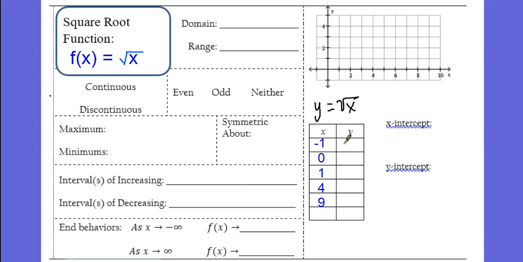Calculator's going to give you a message that's really important for you to be able to translate into English. What does it say? Domain error, which means it's a domain restriction. Not allowed to put negatives under a square root. So I know that's an error. What if I plug in the square root of 0? 1, square root of 4, square root of 9. All right. So we're going to graph 0, 0, 1, 1, 4, 2, and 9, 3.